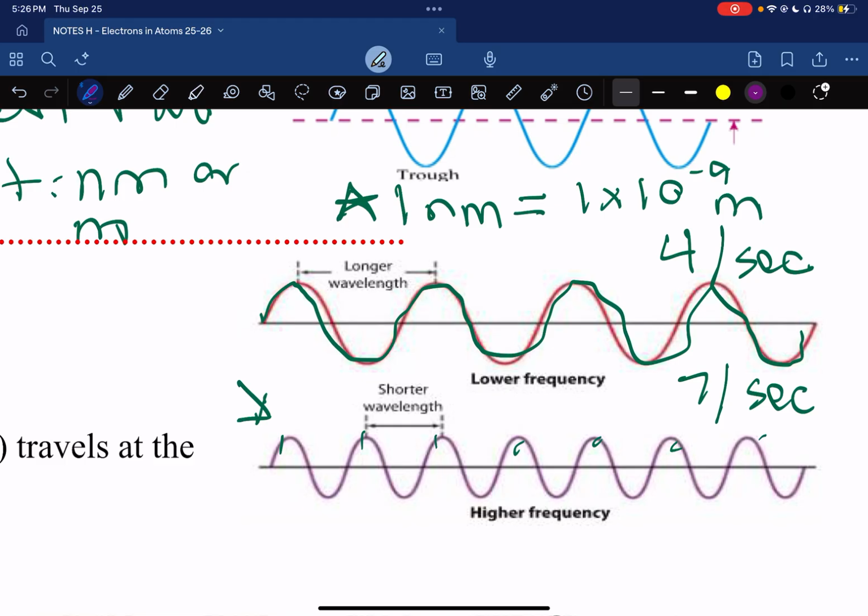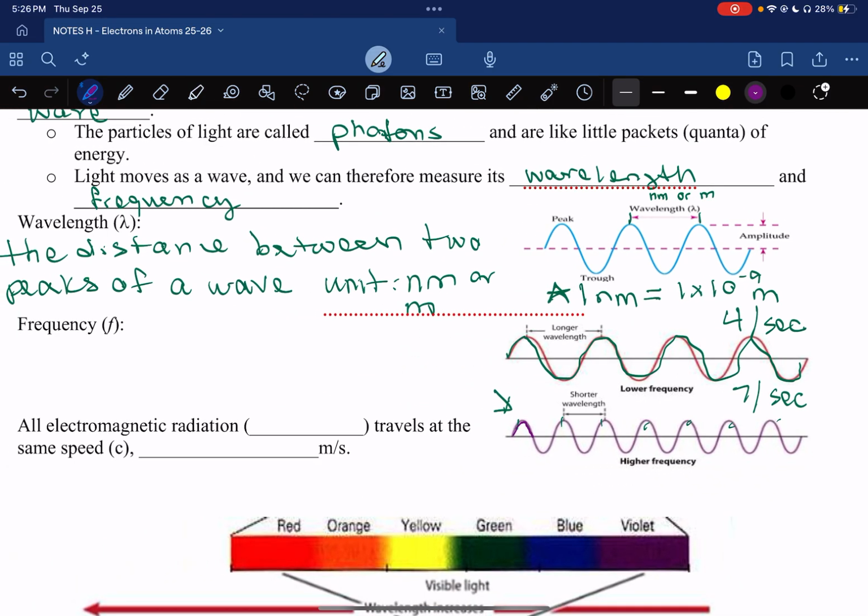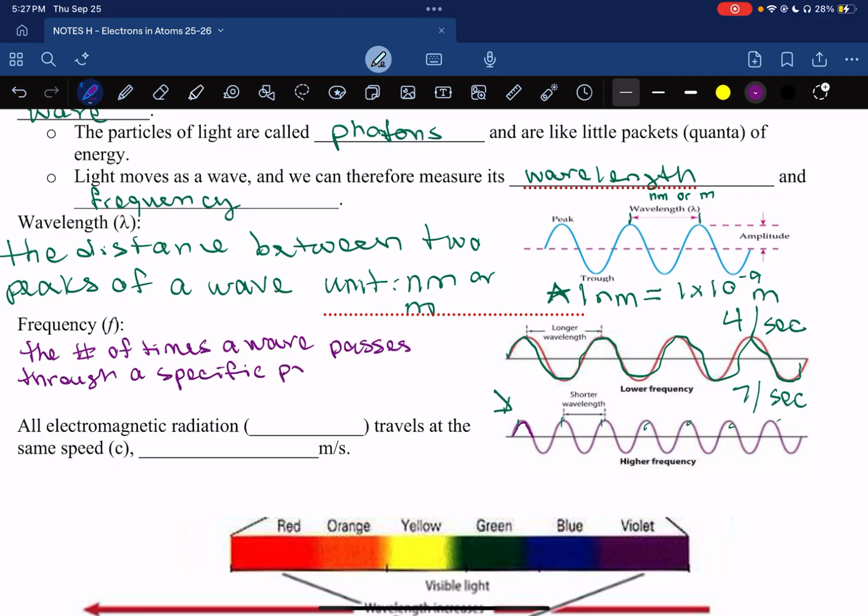Let's look at defining frequency over here. The frequency is the number of times a wave passes through a specific point per second.